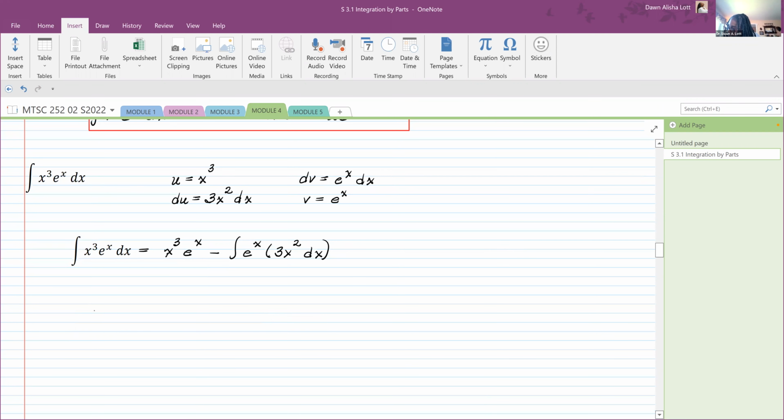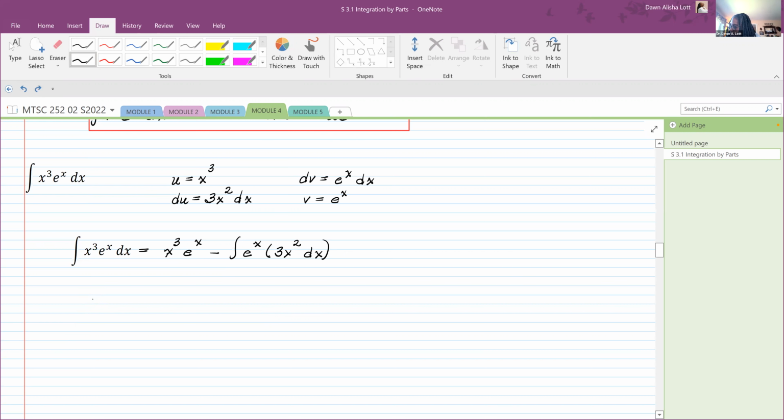The integral of x cubed e to the x dx is equal to x cubed e to the x minus 3 times the integral of x squared e to the x dx.